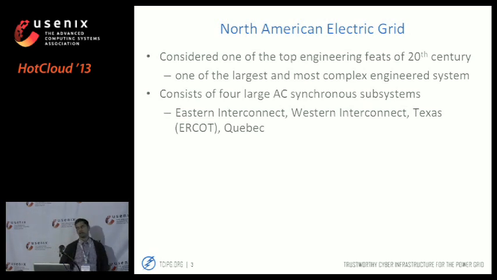The electric grid we have, the North American grid, is considered one of the engineering feats. It's top of the list in the last 100 years. It impacts every other sector we can think of, and the structure of the American grid is divided into 4 interconnections, and it's more or less similar in the rest of the world as well.